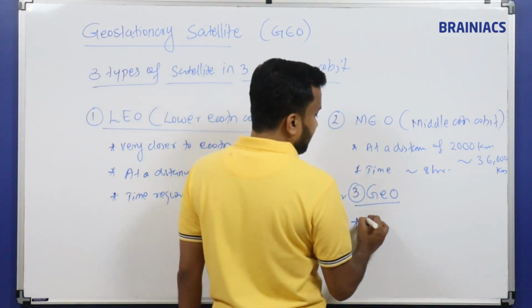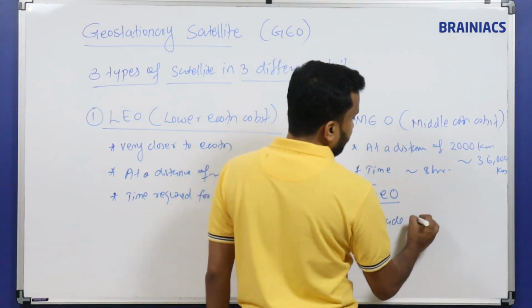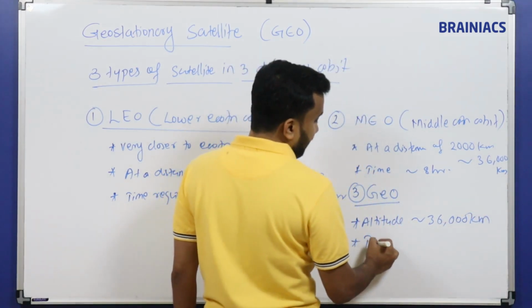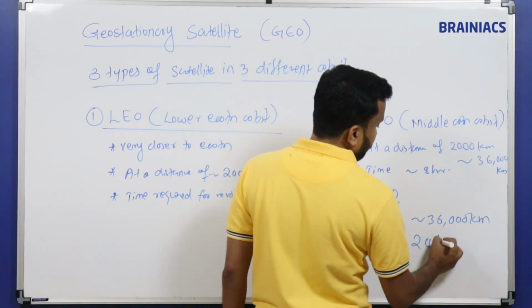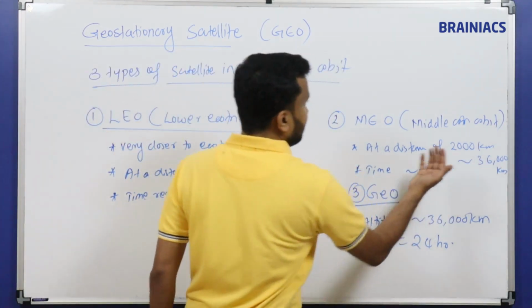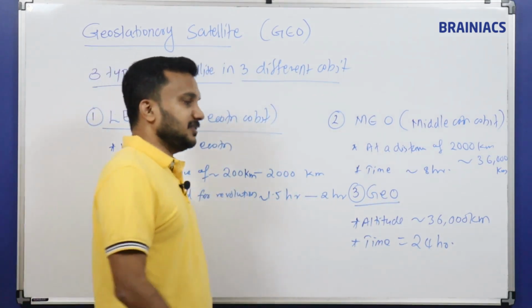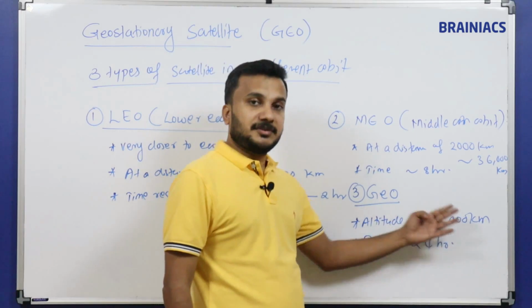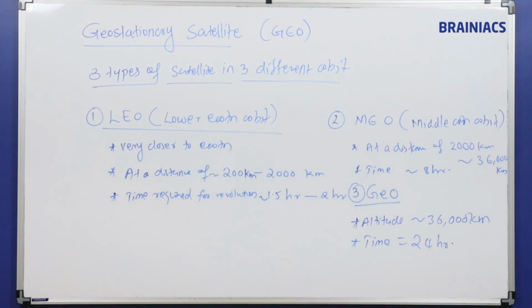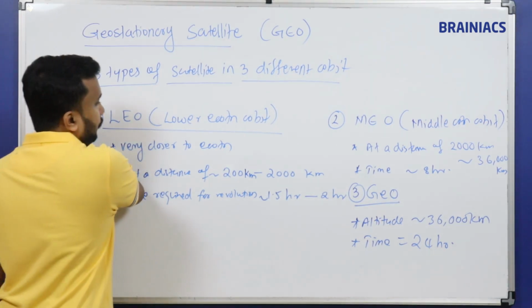It is located at an altitude of approximately 36,000 kilometers from Earth's surface, and the time required for a revolution is 24 hours. So 24 hours is the time taken by the satellite to rotate around the Earth. Hope this is clear.